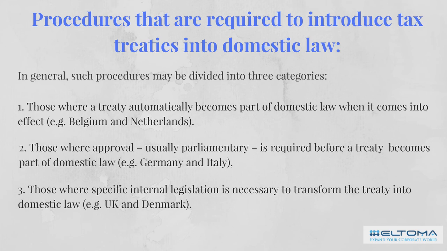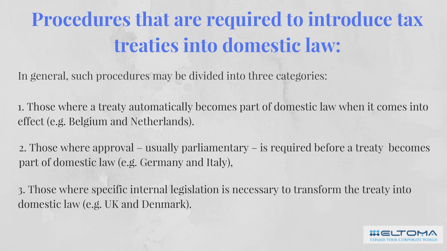Under the provisions of a treaty between, let's say, country A and country B, let's assume that the interest paid by a resident of one state to a resident of another state is subject to a maximum rate of withholding tax of 15%. If under the law of country A, interest paid by a corporation resident in state A to an arm's length resident in country B is exempt from tax in country A, the treaty does not give country A the right to impose a 15% withholding tax on the interest.